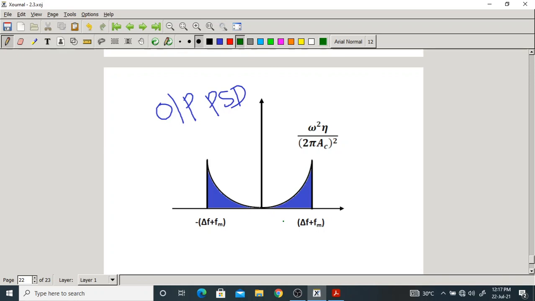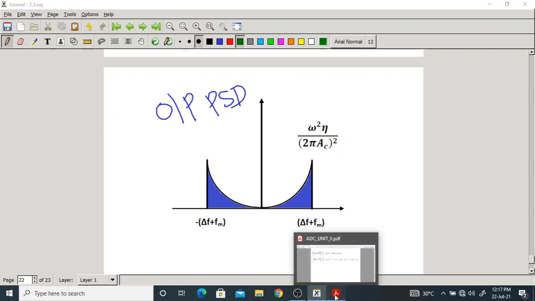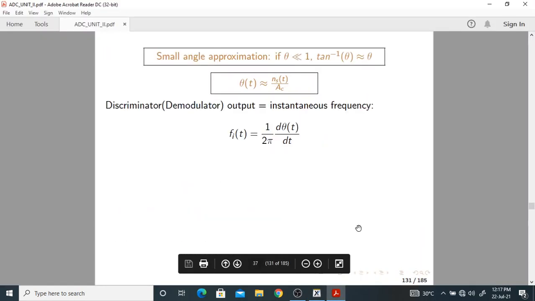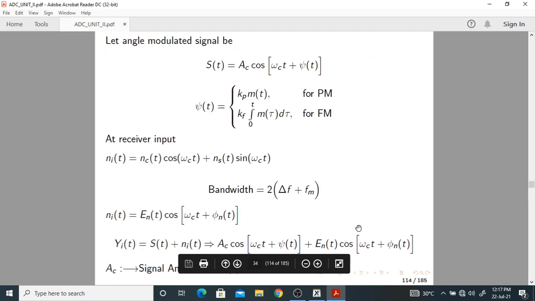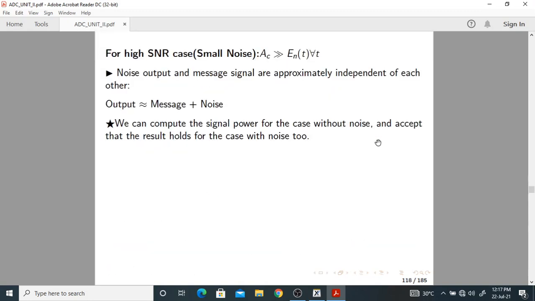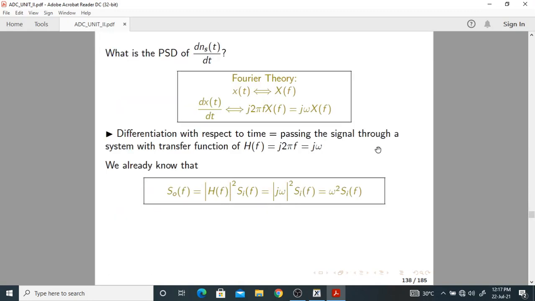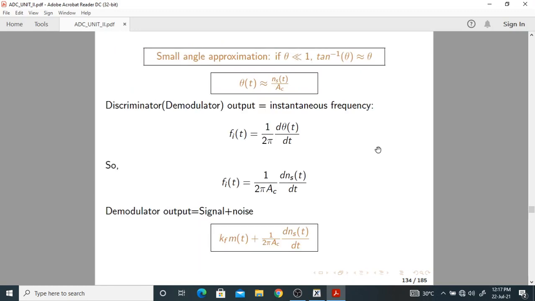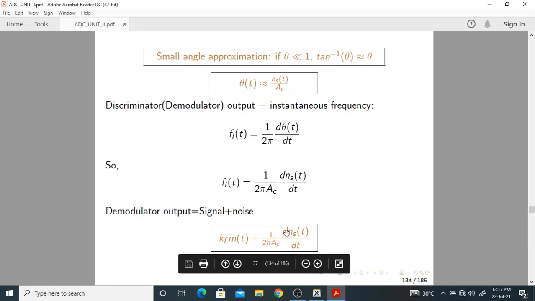Now, things are not over yet. Why? Because in the FM system, what is the last thing? After the discriminator, we have a low pass filter with a bandwidth of only fm or W. If you pass this output through the low pass filter, the signal component will not change because the low pass filter has a bandwidth equivalent to fm or W. Nothing happens to the signal component.